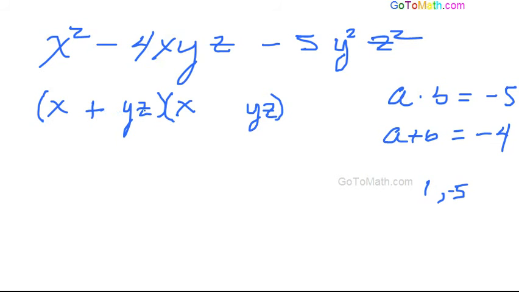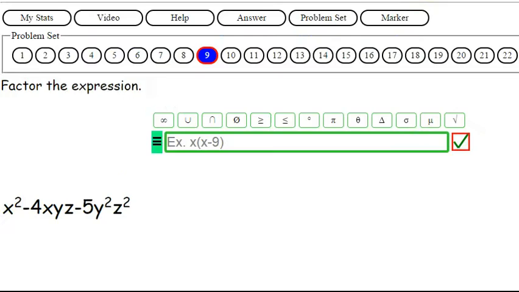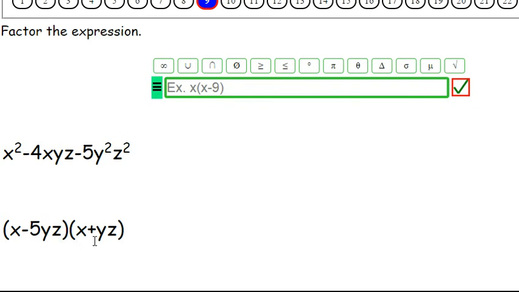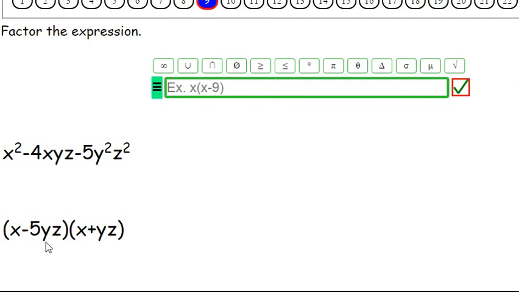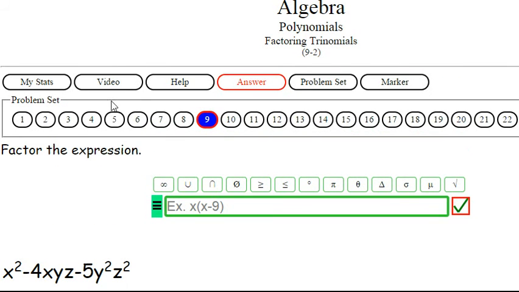This is a lot like the last problem. And then -5. Minus 5 there. Okay. And it doesn't look like we can do anything else with that. So we got x minus 5yz, x plus yz, x plus yz, x minus 5yz. Okay, just written in a different order, but it's the same thing.